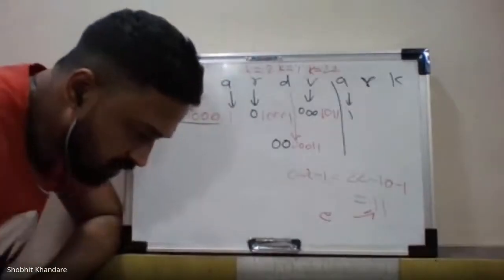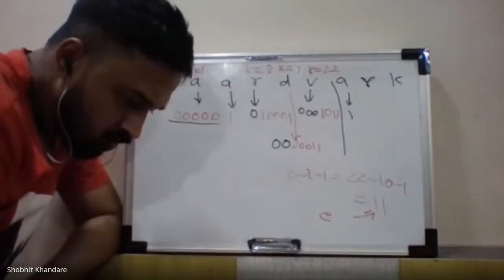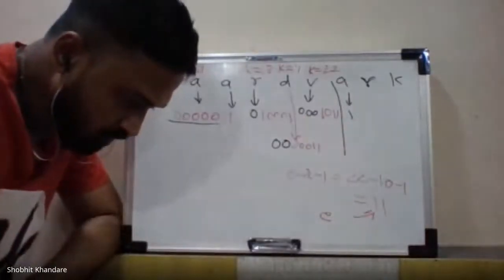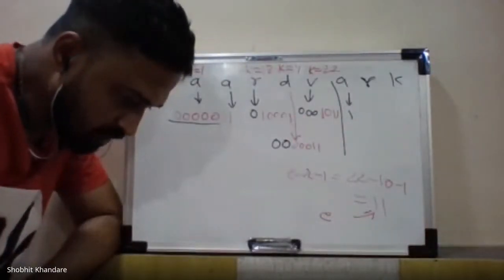Wait. Let me see. So when you do swapping, you have included v. See in the diagram.